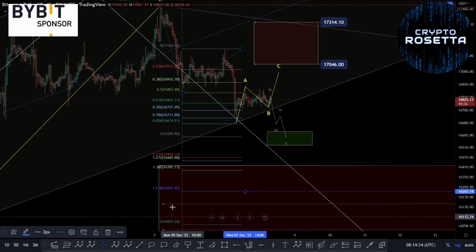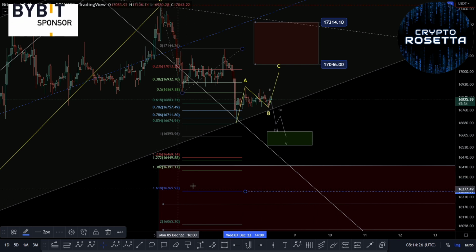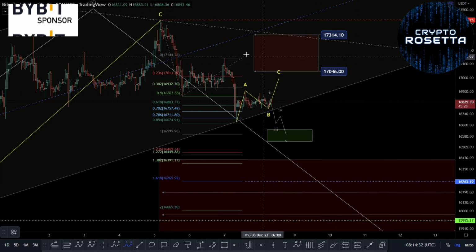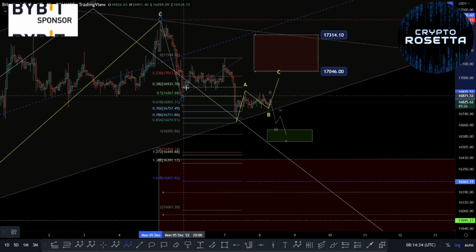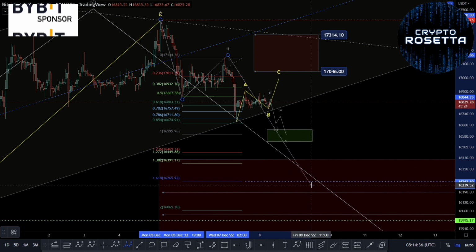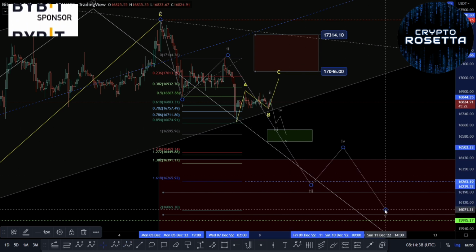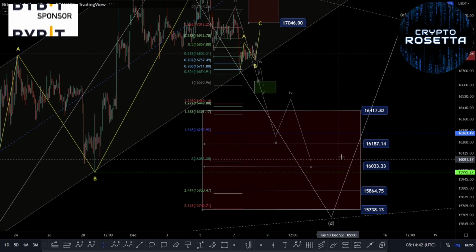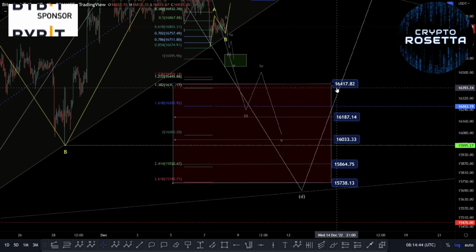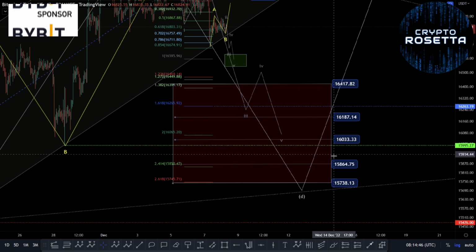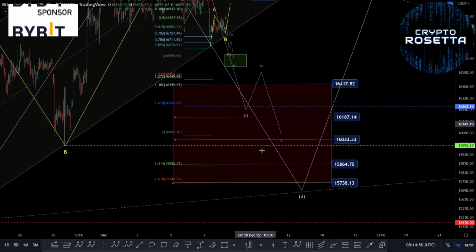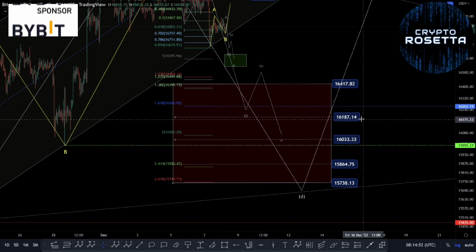So if we move down past the 16,265 area, it would indicate that we're having a bigger 5-wave move to the downside, and we'd have to look at this being a 1, a 2 down here, and a 3, a 4, and then an additional 5th wave, which would be looking to take us down into this retracement area here. The 16,417 to 15,783. That's a broad range.